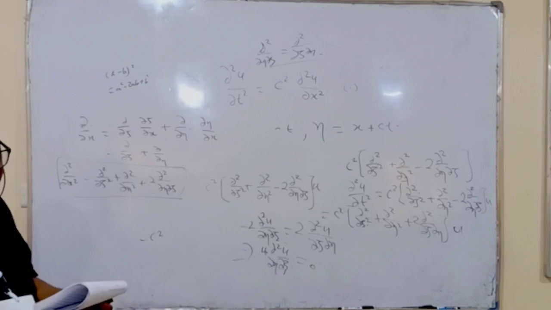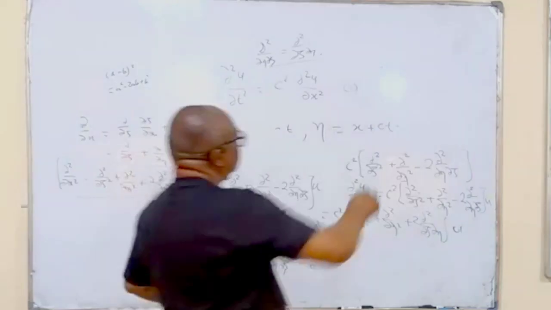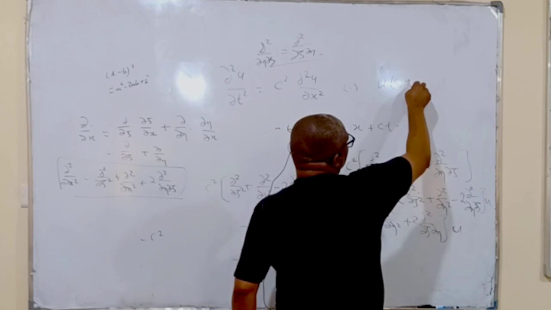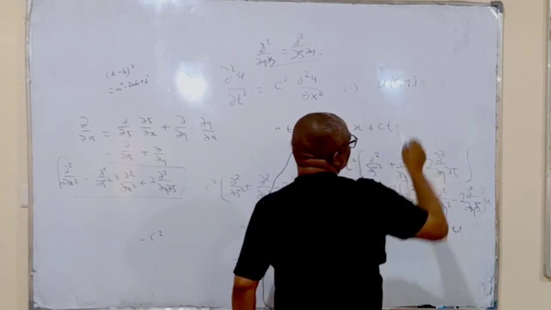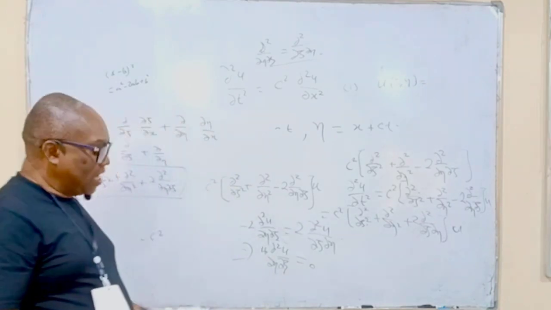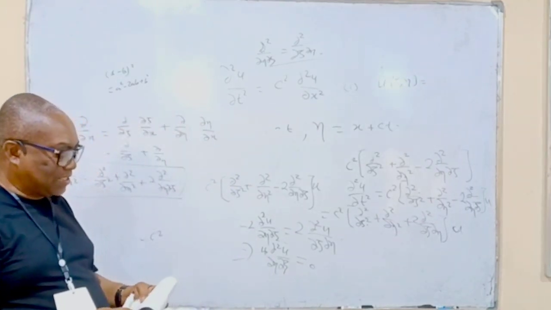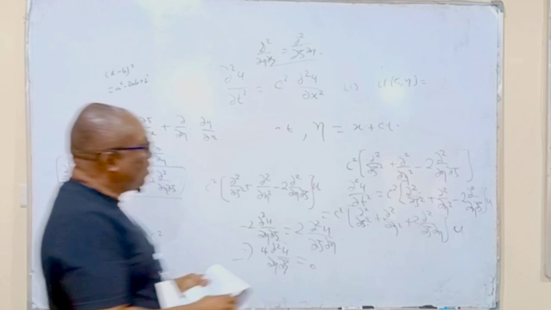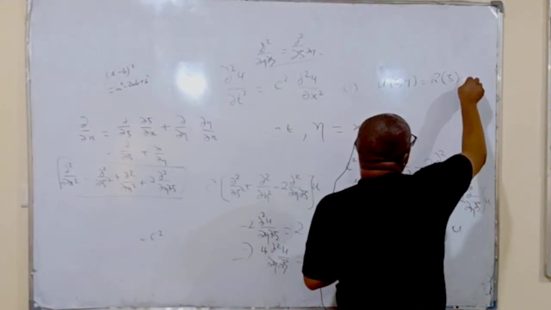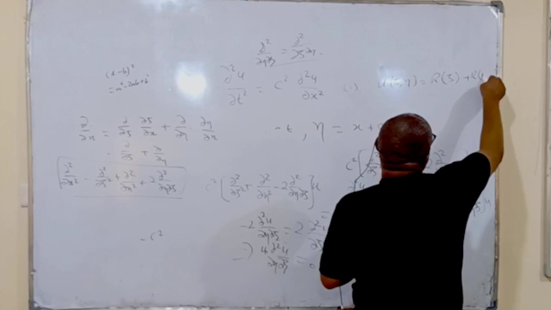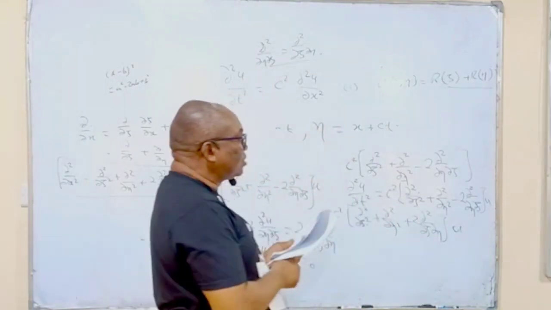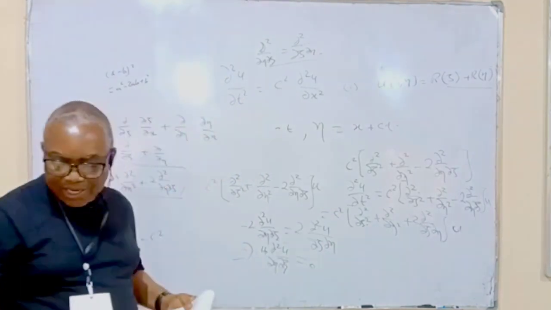You will see that your u will now be a function of ξ and η. And then in that case, it will give you what we have as R of ξ plus L of η. So what are those solutions? Those solutions, you have that.